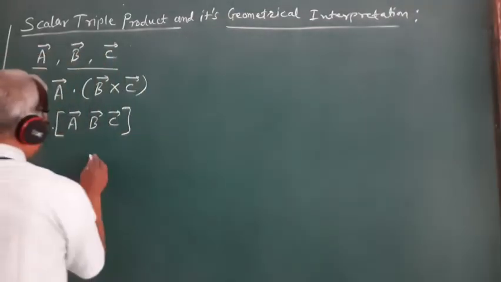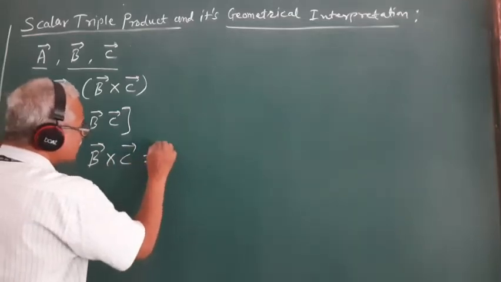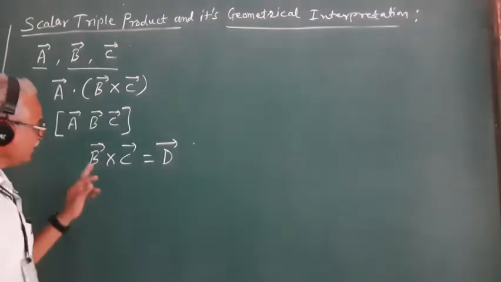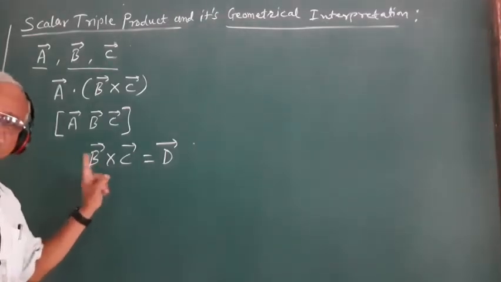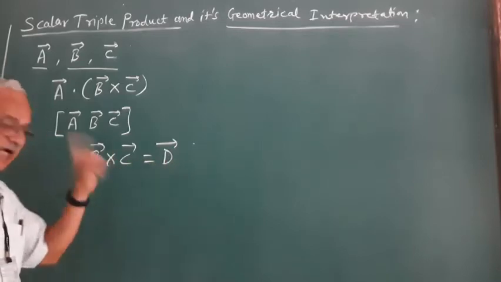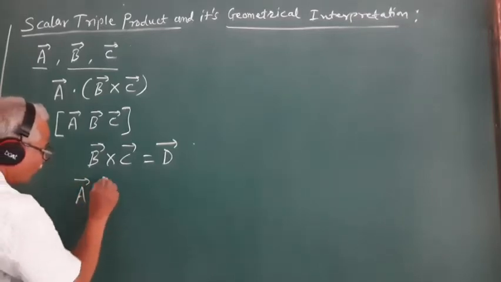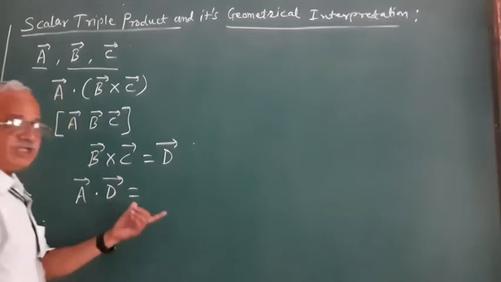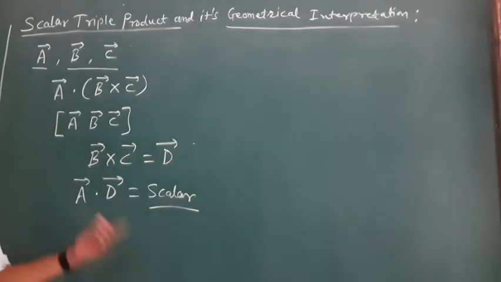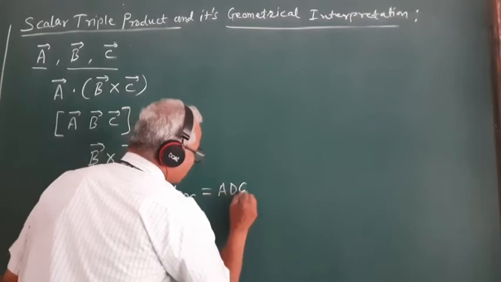Now, we can evaluate this scalar triple product. Let us consider, for the sake of simplicity, that the cross product of b bar and c bar results in a vector d bar. Then if we take the dot product of a bar with d bar, it will result in a scalar quantity, and this is equal to a d cos theta.